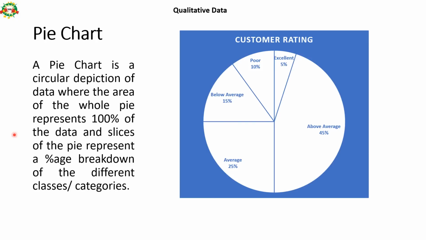If you remember the example of that hotel wherein 20 customers were asked to give a rating of the hotel services, out of 20, one customer gave excellent, and two customers had given poor. So 10% of customers gave a poor rating. So this is a graphical presentation of excellent 5%, poor 10%, below average 15%, average 25% and above average 45%.